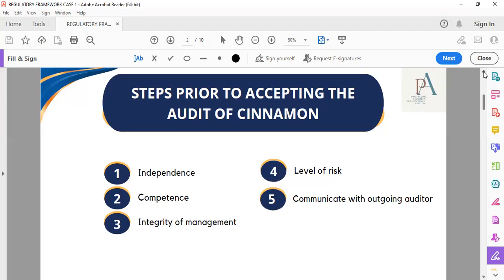They will not prepare the account in accordance with the requisite financial reporting framework. And if you do not know the management personally, you may want to ask them for references from reputable organizations, on which you can place reliance, to be able to assess the integrity of the management of the company.